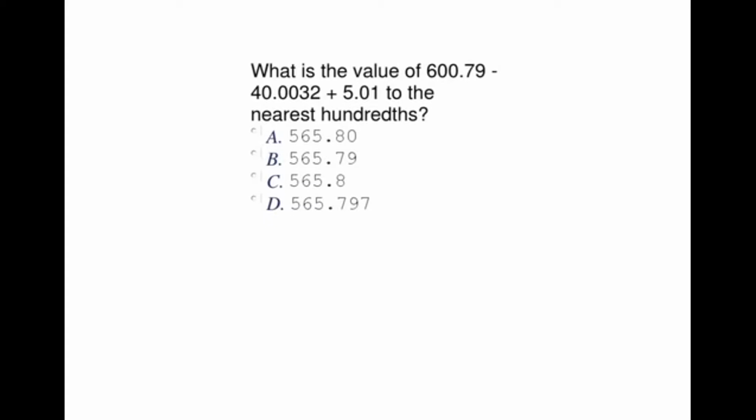What is the value of 600.79 minus 40.0032 plus 5.01 to the nearest hundredth?